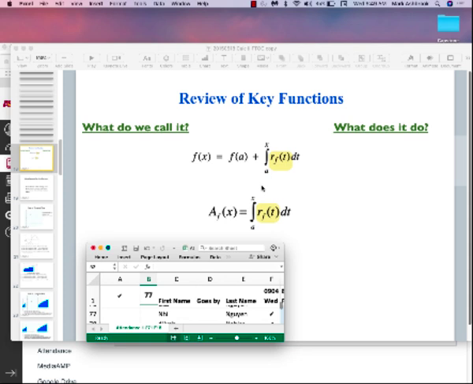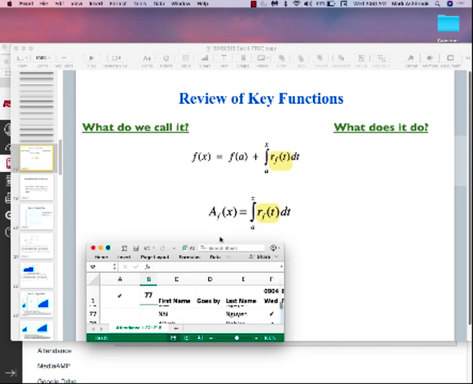Okay. All right. So yeah, it's the net accumulation function. So it's tracking the amount of change starting from A till x. Change in what? Or the variation in what? It's tracking all the change in what from A to x? What quantity?